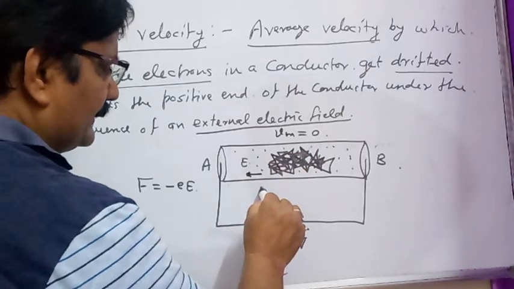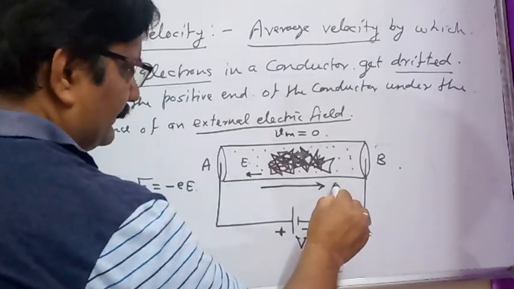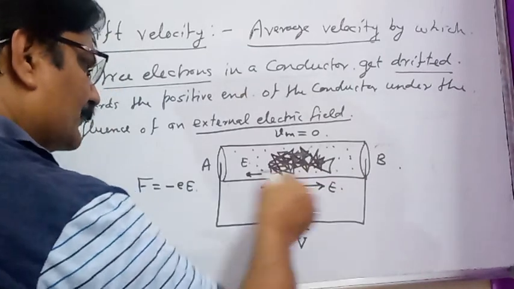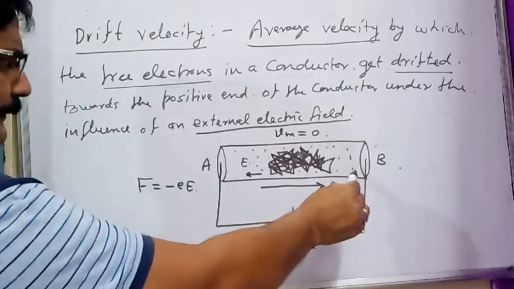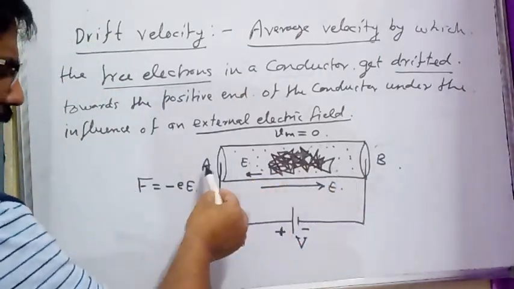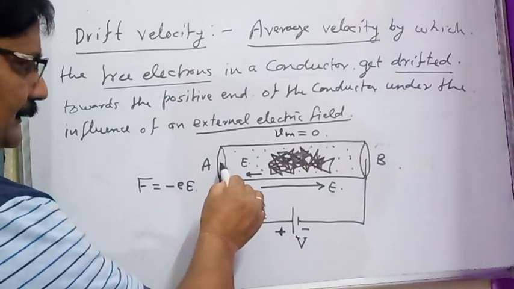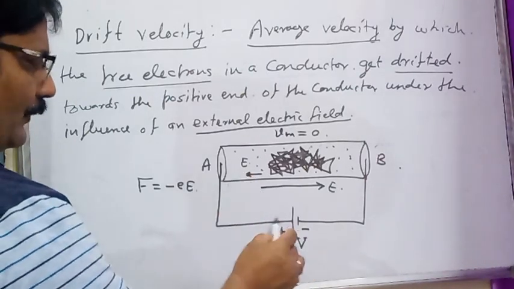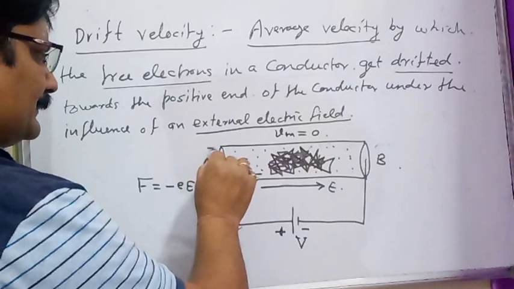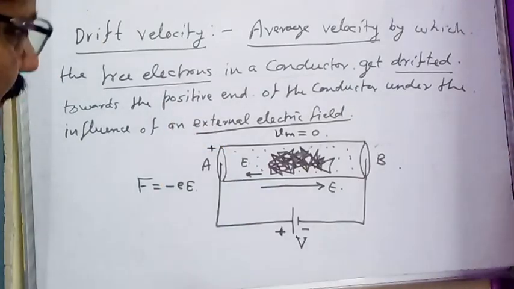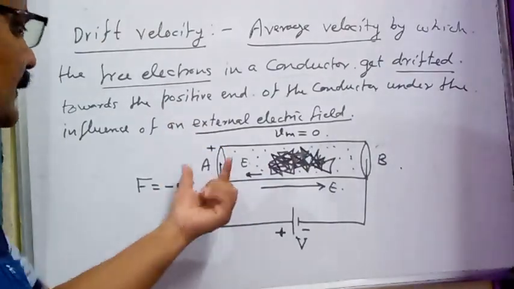Direction of the electric field is left to right, but direction of the force acting on the electron is right to left, towards the positive terminal of the cell, or you can say towards the positive end of the conductor, or the end of the conductor at positive potential.